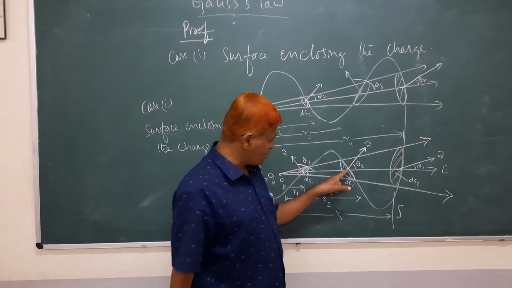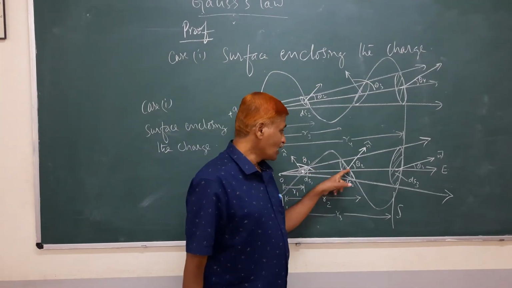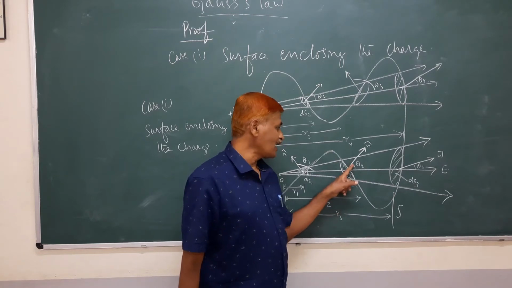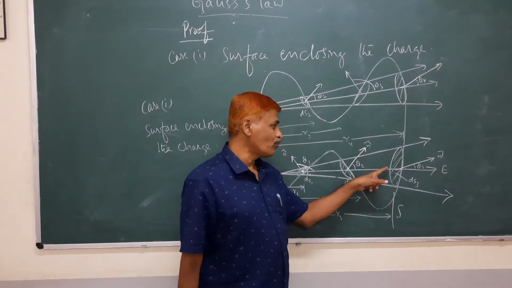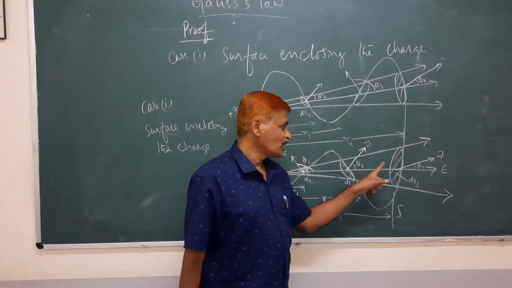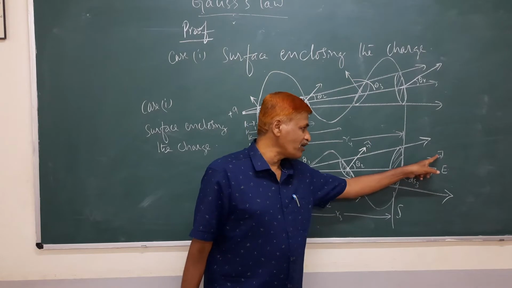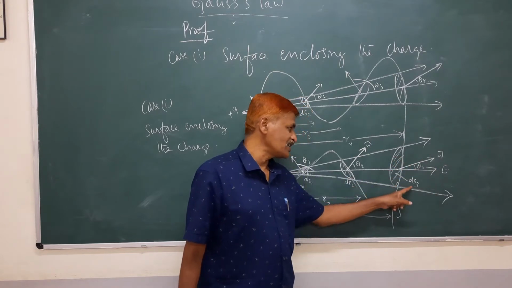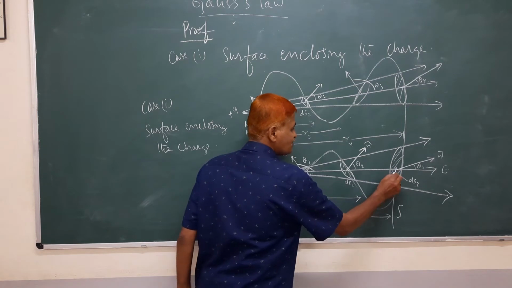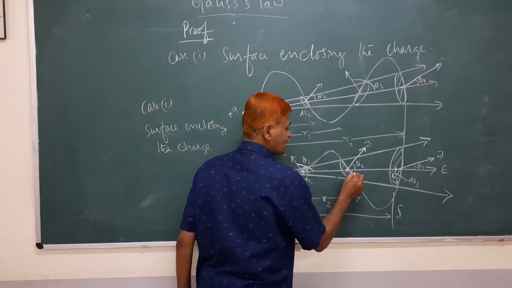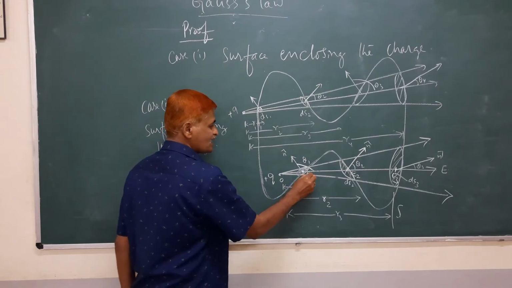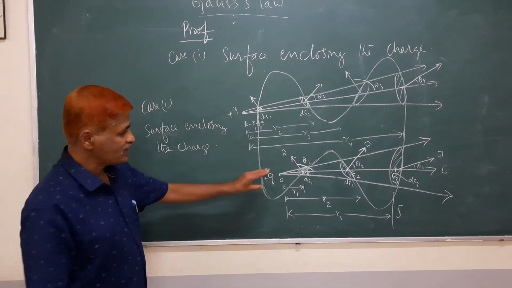And when you come to this point, here the surface area is ds2 and angle made by E with the normal is theta 2. Here theta 3 is the angle made with normal to the surface ds3. Here electric intensity is E3. Here electric intensity is E2. Here electric intensity is E1. Okay, this is the area.